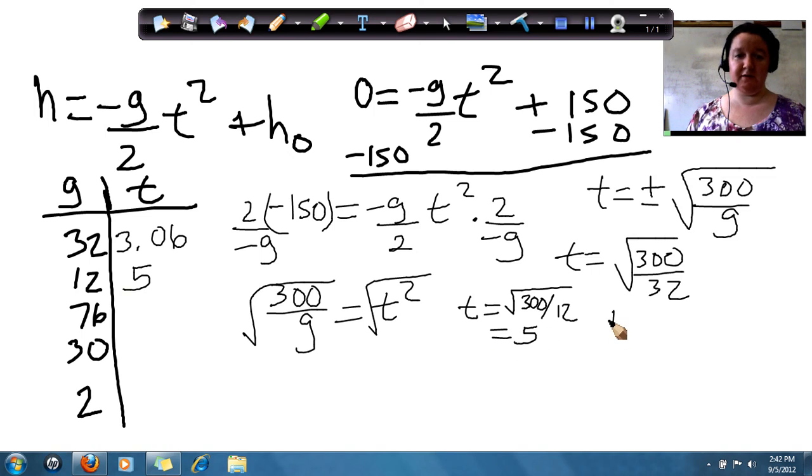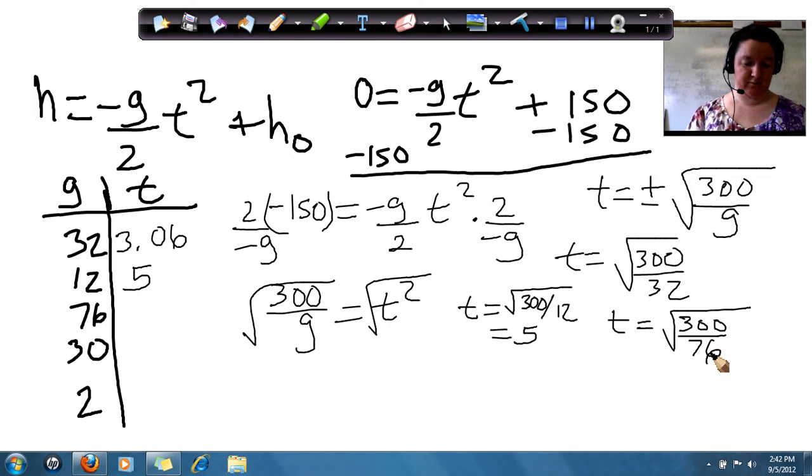If I plug in the value of 76, the square root of 300 divided by 76 is going to give me 1.986.